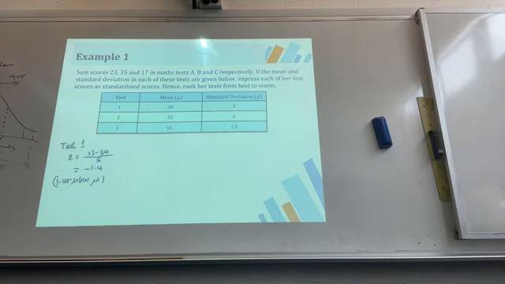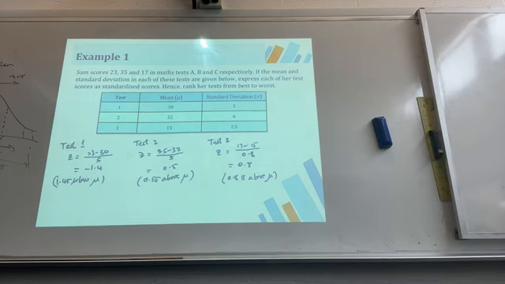Test 1, 1.45, 1.4 sigma below the mean. Alright? 1.4 standard deviations below the mean. So test 2 is 0.5 standard deviations above the mean, and test 3 is 0.8 standard deviations above the mean.